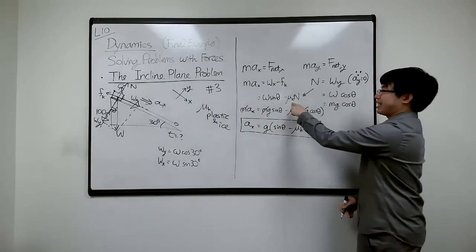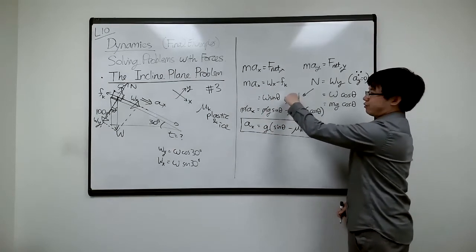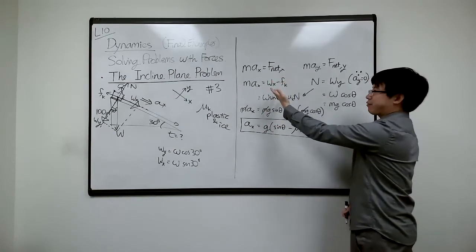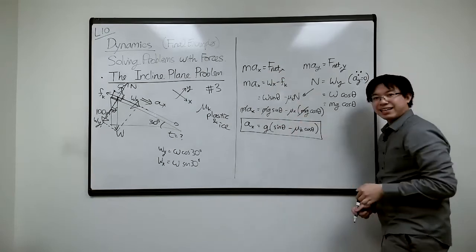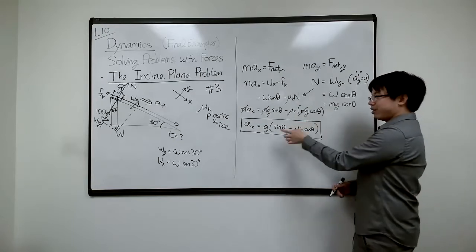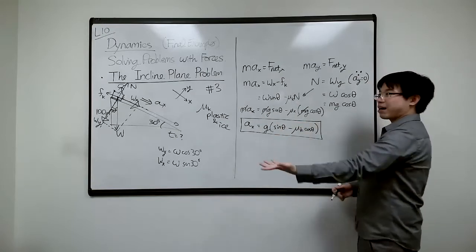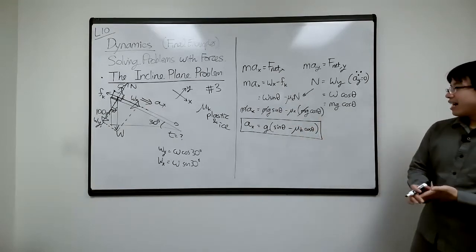I can be clever about it. I can just set that to be 0. If the coefficient of kinetic friction is 0, then I have no kinetic friction, so I have g sine theta. Does that ring a bell? Yeah, I think so. If you look back at the first example, that's exactly what the acceleration is without any friction. So this seems promising immediately.